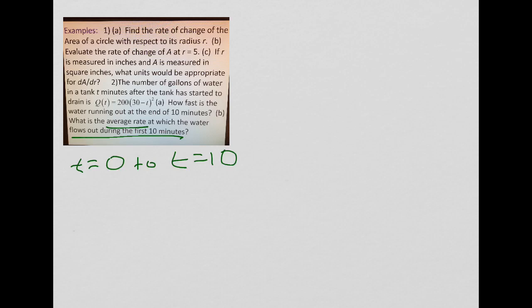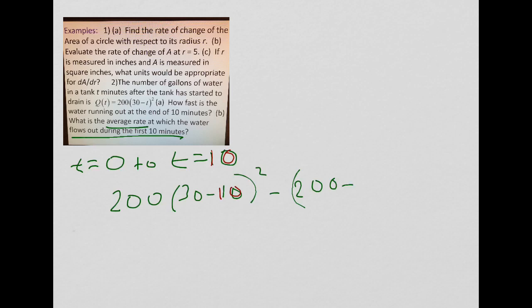So if I'm doing the difference quotient here, I'm doing Q of 10, 200 times 30 minus 10 squared, minus, and I can put this in parentheses, 200 times 30 minus 0. Remember, substitution is very powerful. Make sure that you have it, because that comes from here.